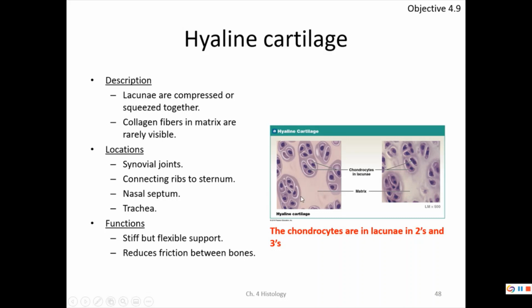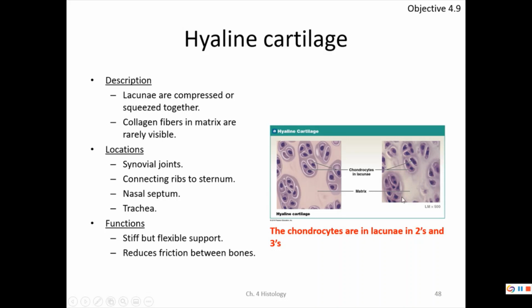That's the only one that can have 2 or 3 cells packed in the same lacuna. There are collagen fibers sometimes that might be visible here, but rarely because of the stains used.